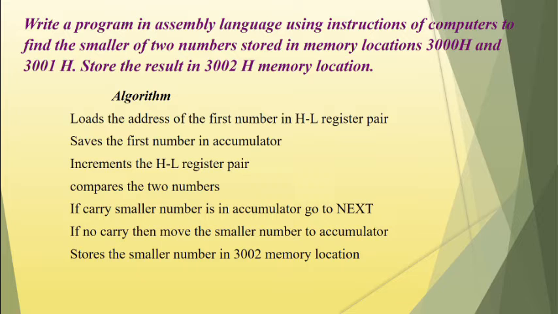So we can use the command MOV A, M to store the contents of memory to the accumulator. So we have to save the first number into the accumulator by using this command. Thereafter we have to increment the HL register pair in order to move to the next memory location. Then we will use the compare command to compare the two numbers.